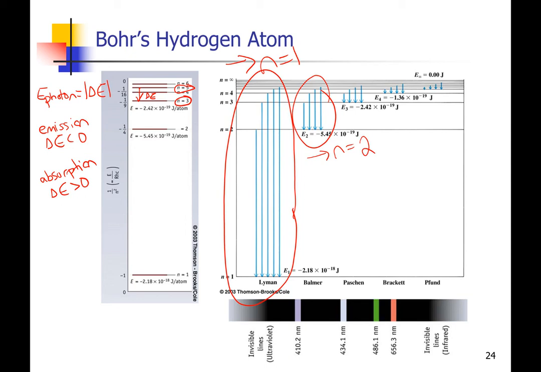So how do we calculate delta E? Well, it's pretty straightforward. Delta E is going to be equal to the energy of the final state or the final orbital minus the energy of the initial state or the initial energy of the electron.